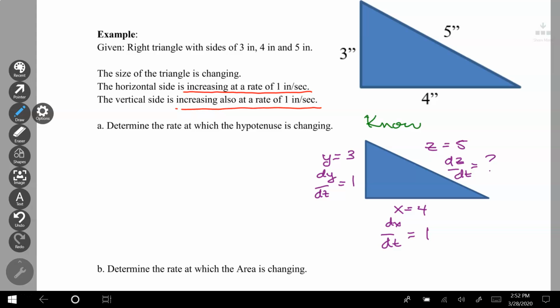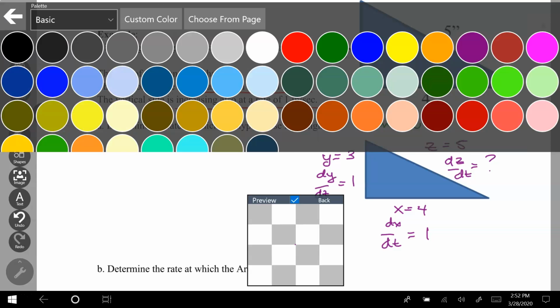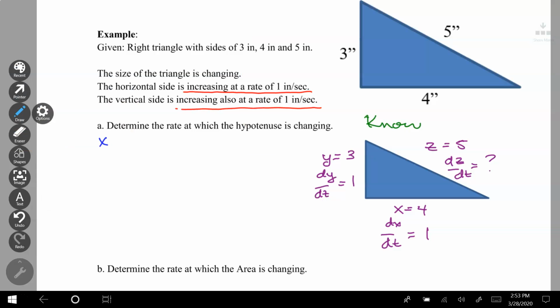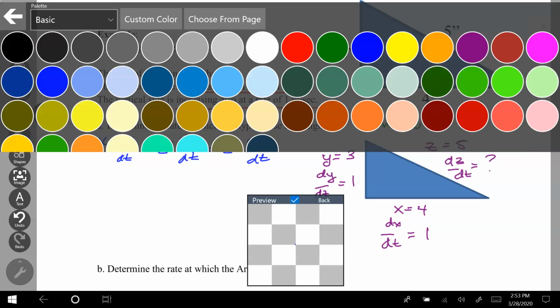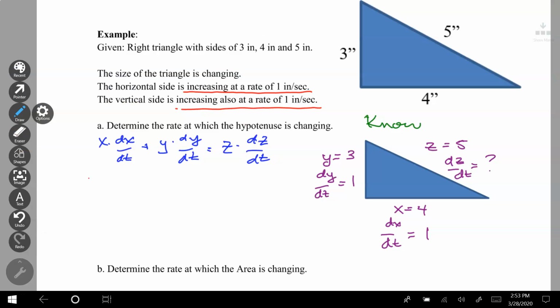So if I go to my Pythagorean theorem derivative, I have x times dx over dt plus y times dy over dt is equal to z times dz over dt. There's my derivative. I know 5 out of those 6 things. 4 times 1, for x and dx over dt, plus 3 times 1 for y and dy over dt, and my z is 5, and I do not know my dz over dt.